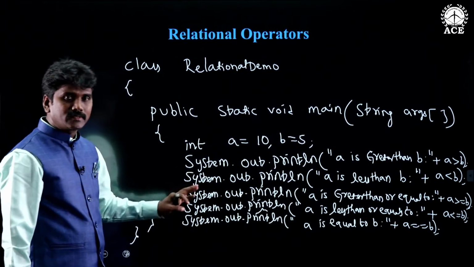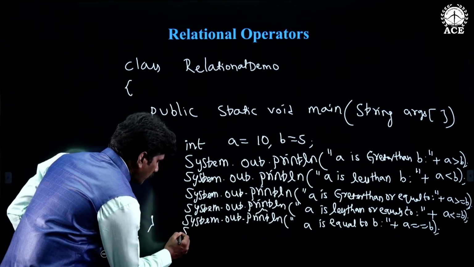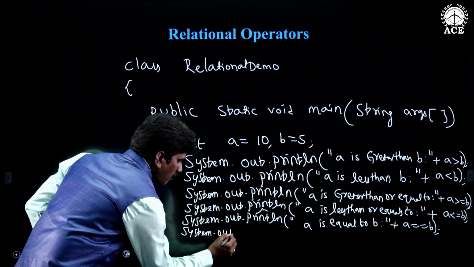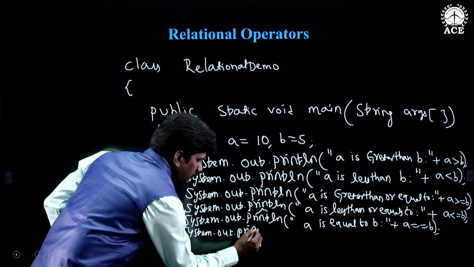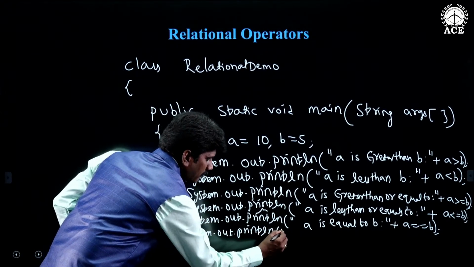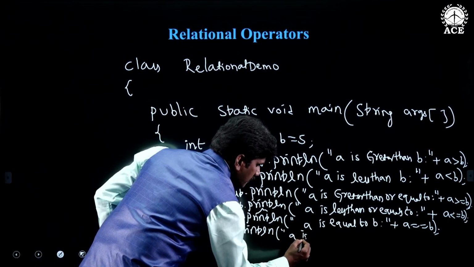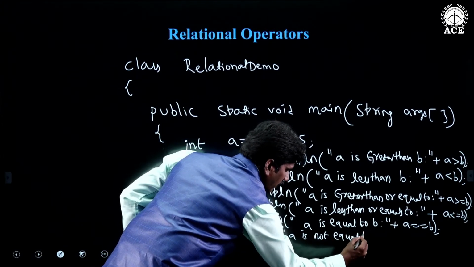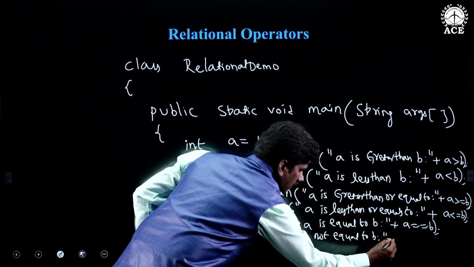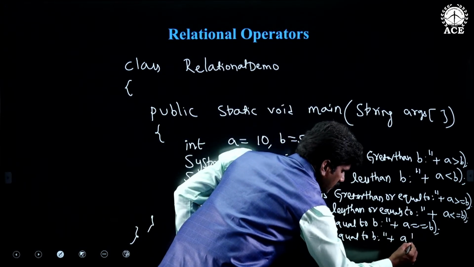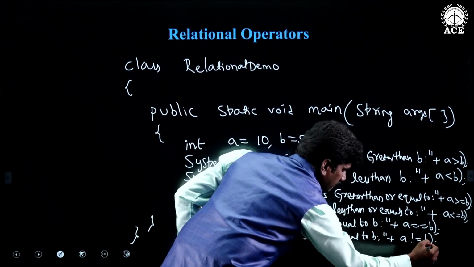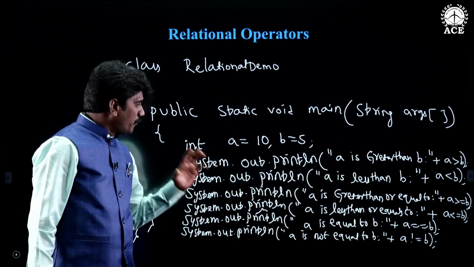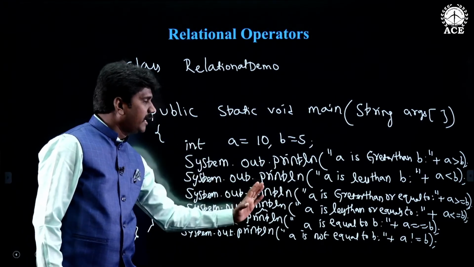For this program, let us see clearly. The next one we can write: System.out.println "a is not equal to b" plus a is not equal to b. Like this we can check the conditions for the basic program I have taken.